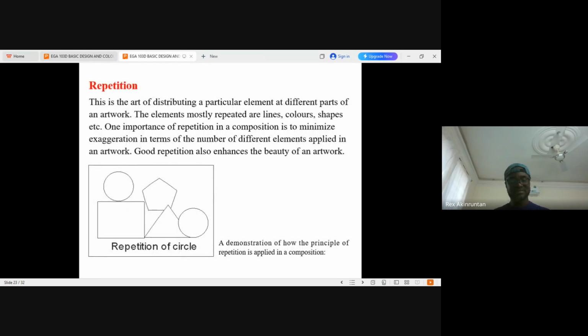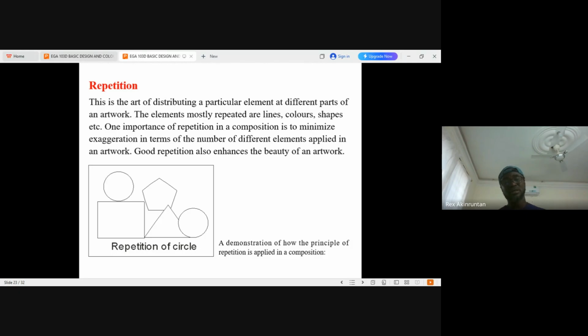So, repetition. Repetition here is not the same as rhythm. It might seem kind of similar, but it's not. One way or the other, you see the difference. So this is the art of distributing a particular element in different parts of any artwork. Rhythm is a continuation, and it goes by size and spacing.